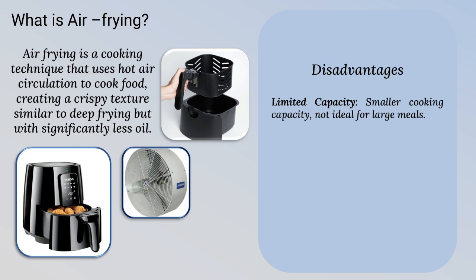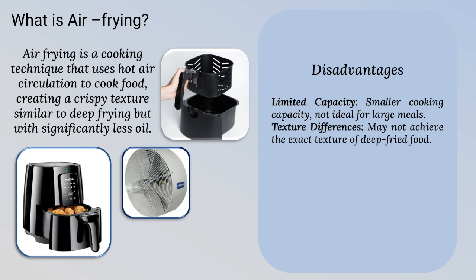Disadvantages: very limited capacity, smaller cooking capacity, not ideal for large meals. So that's why it is popular in home style cooking nowadays. Texture differences: may not achieve the exact texture of deep fat frying.